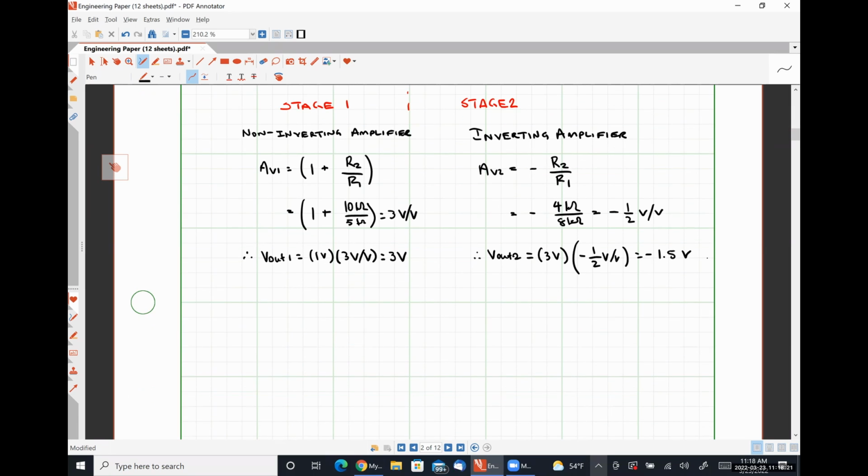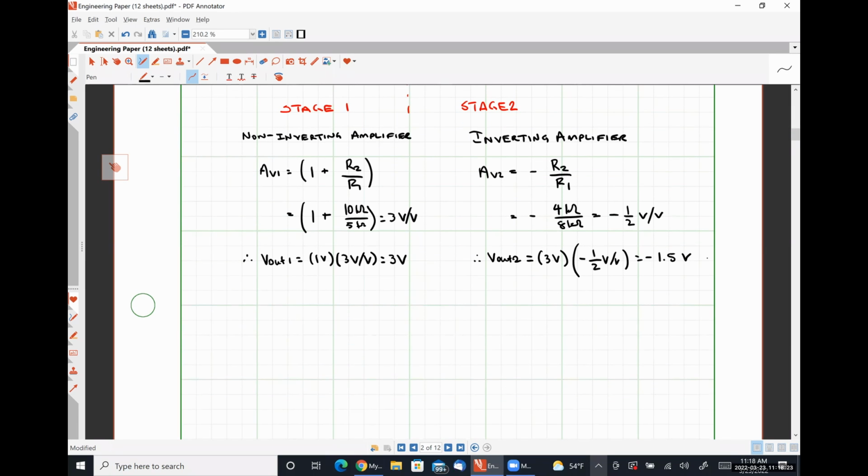Another way to think about this is that we have our input signal of 1 volt being multiplied by the voltage gain of amplifier 1, and then being multiplied by the voltage gain of amplifier 2 to give us our output voltage, where the product of AV1 and AV2 is just A, the total gain of our system.